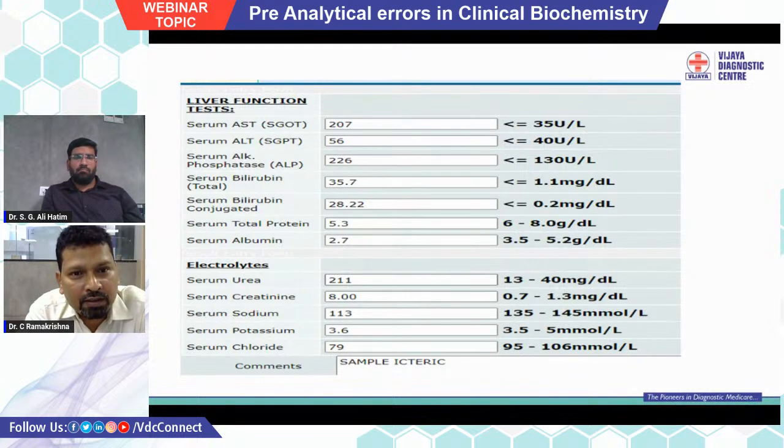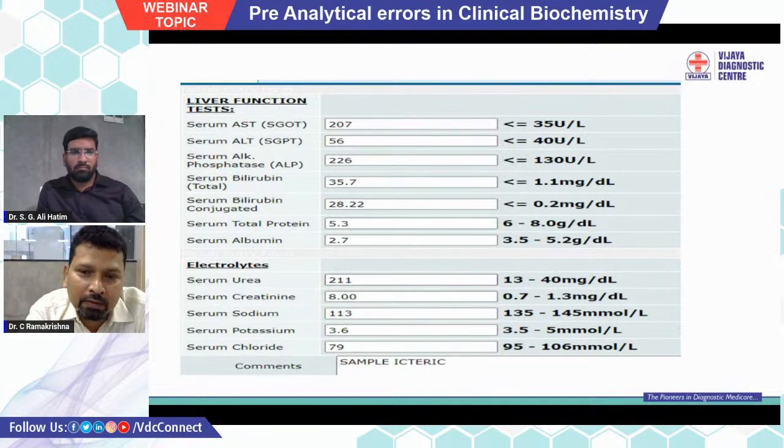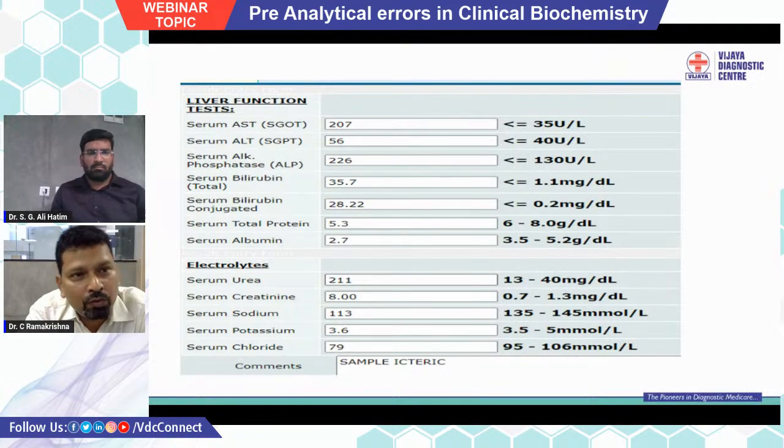Again, this is another patient's report. You can see the abnormal values: creatinine 8, sodium 113, potassium 3.6, AST 207, ALP 226. So again, you need to correlate clinically.